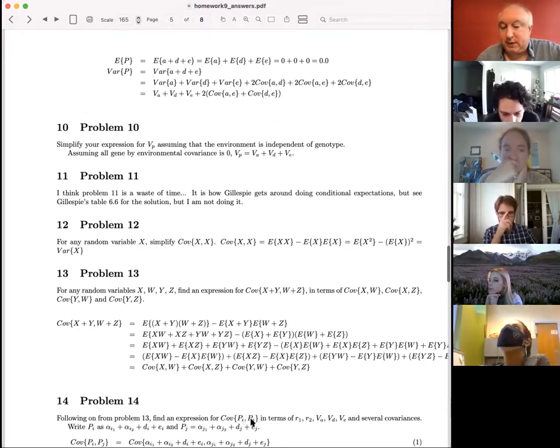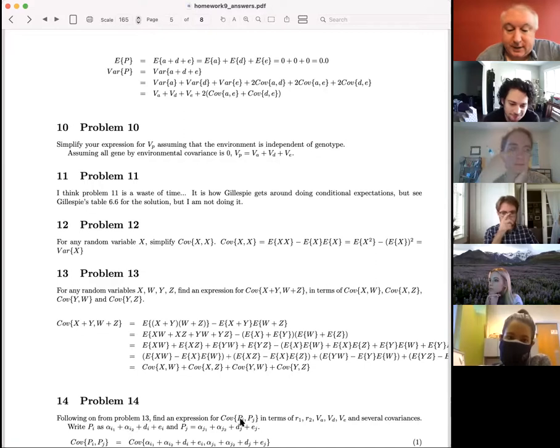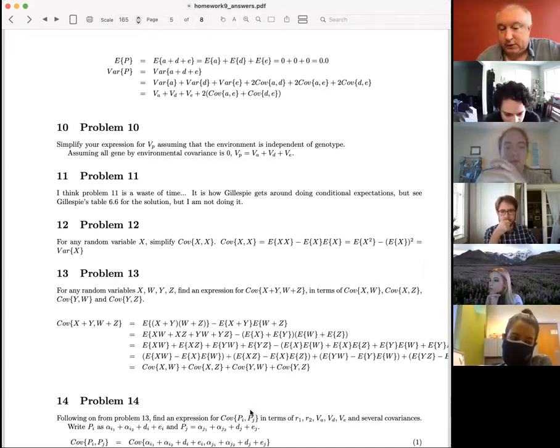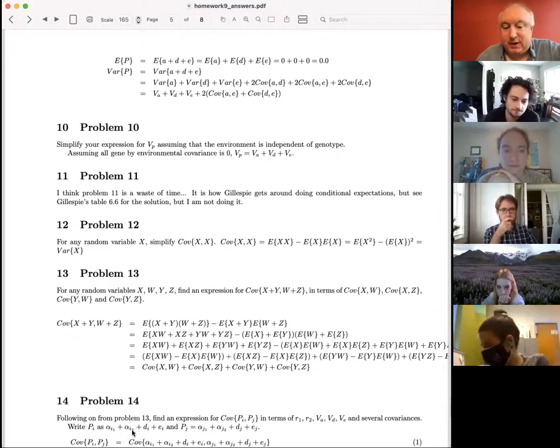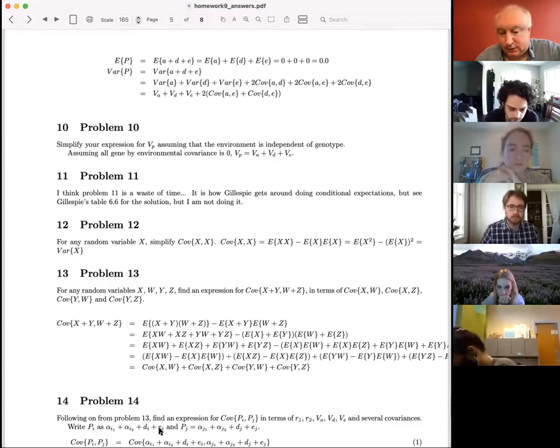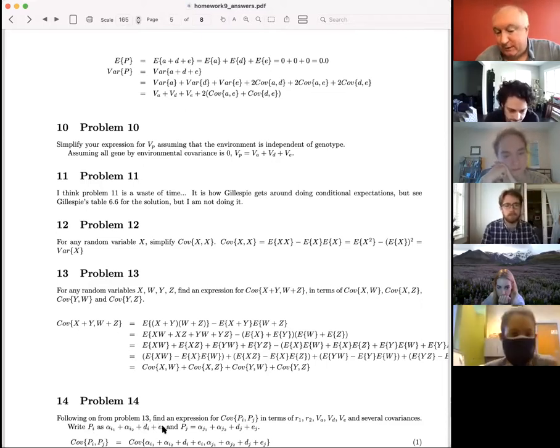Or I might have just had you jump to problem 14, which asks you for the covariance between 2 phenotypes. In this case, I have the phenotype from person 1 and the phenotype from person 2. These are person I and person J, who I'm going to assume are related to each other. But I'm going to immediately rewrite person I's phenotype as the additive effect they have from their first allele, the additive effect they have from their second allele, plus the dominance effect at this locus, plus an environmental effect.